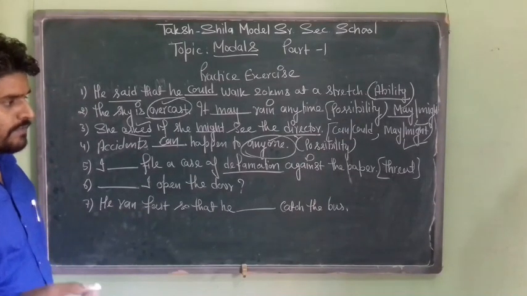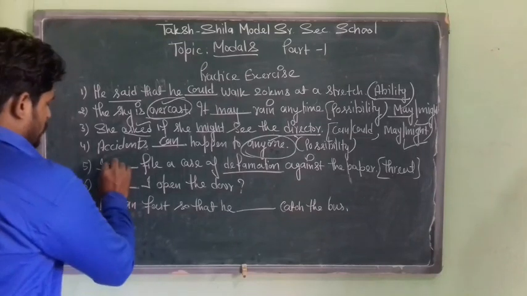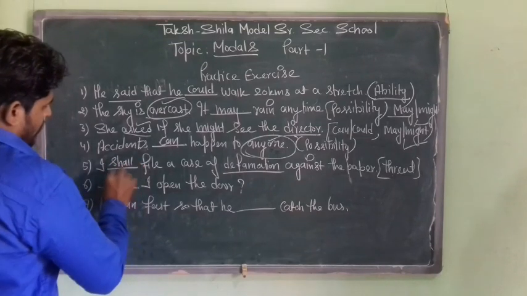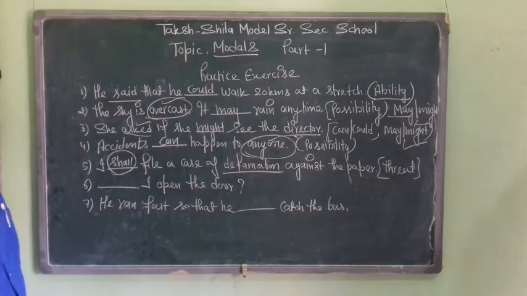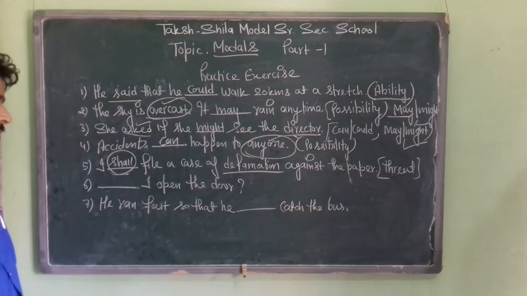And especially when there is a threat being shown in the sentence, we use what? We use shall. Am I right? Shall we use shall here? No. If I say I shall file a case of defamation against the paper, it shows a simple future tense. There is no threat.